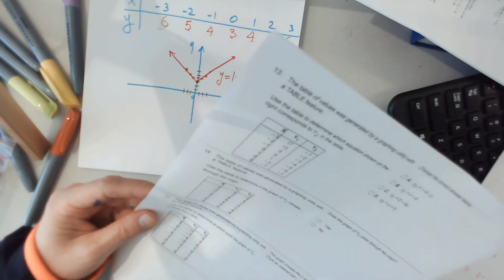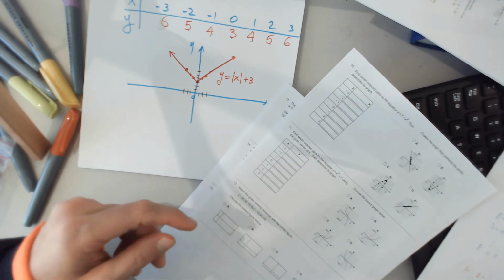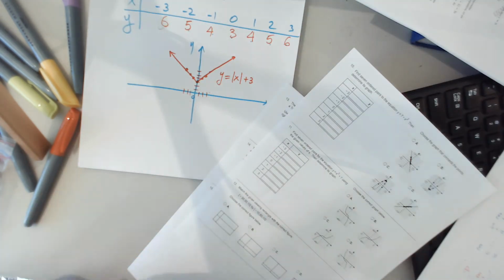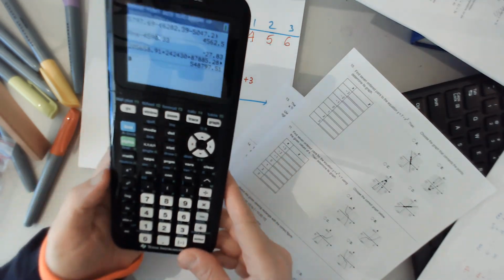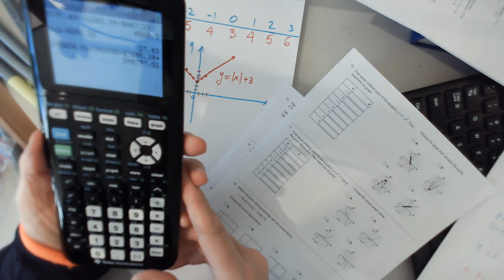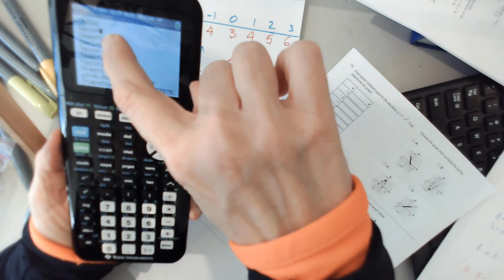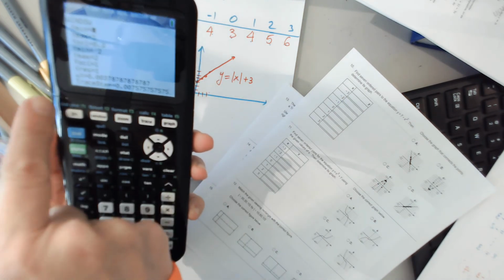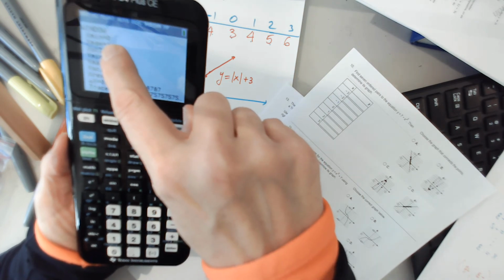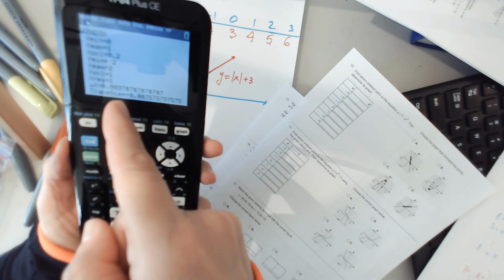I wanted to talk a little bit about a viewing window of the graphing calculator. Ready? Okay, so when you press on window, it will tell you what is the x minimum at the left edge on the horizontal axis, what is the x maximum on the horizontal axis, and how far are the marks, the ticks.